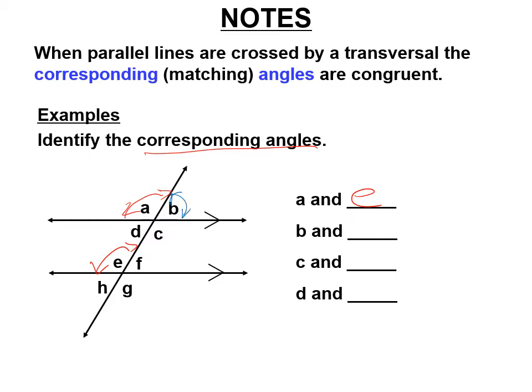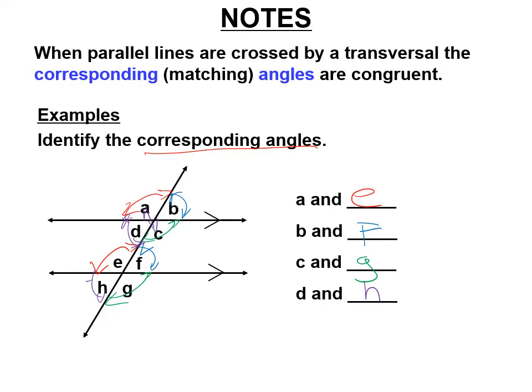F is the one that matches it in the other section. What is the corresponding angle to C? Which one is in the same spot as C? That is G. And lastly, what corresponds to D? Obviously H.